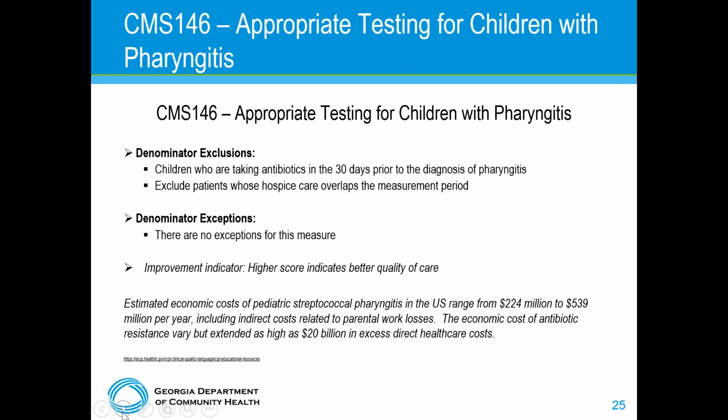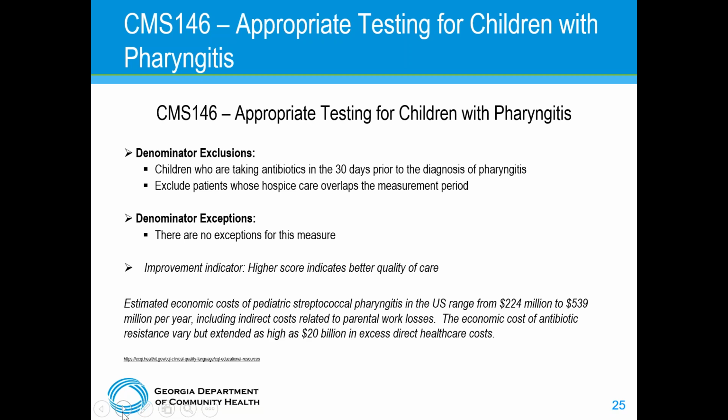For this measure, we have 2 exclusions: those children who have been taking antibiotics within the prior 30 days of the diagnosis, and those who were receiving hospice care that overlapped with the measurement period. There are no denominator exceptions for this measure. The improvement indicator is that a higher score indicates better quality of care for these pediatric patients.